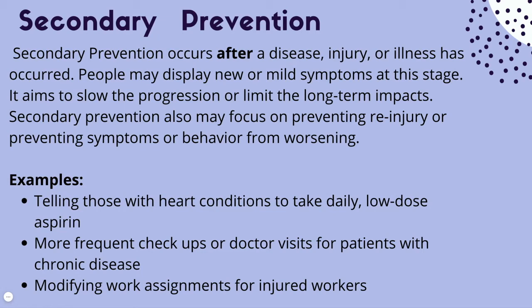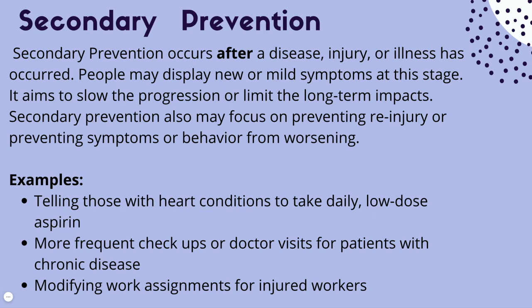So, putting things in place that would make that possible. We want to prevent this from worsening. We don't want symptoms to get worse. We don't want the behavior to get worse. So secondary prevention is when a person already has new or mild symptoms at this stage, right? Remember, as the triangle went up, fewer people are going to need secondary prevention because we caught a great amount of people in that primary prevention phase.